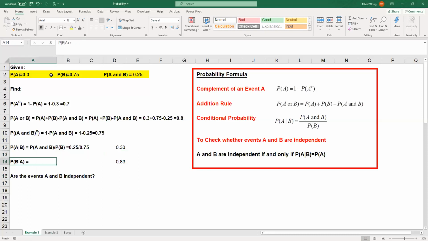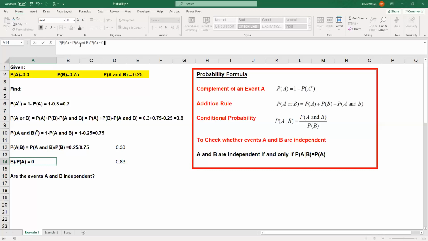What's the probability of B given A? So in this case, the event A is given. So the probability of A would be in the bottom, right? So again, using the formula for conditional probability, this probability is equal to the probability of A and B on top, and the bottom would be the probability of A because the event A is given. And therefore, again, we can just plug in the numbers.